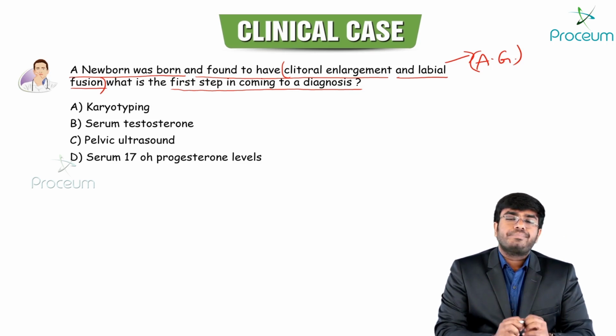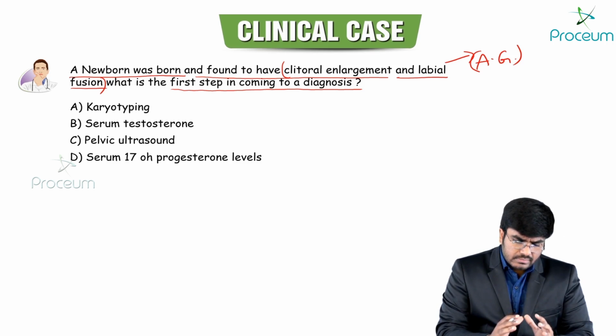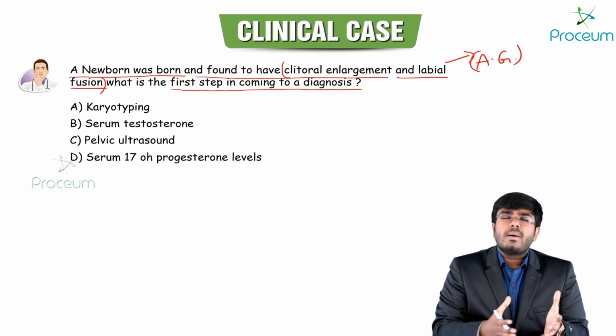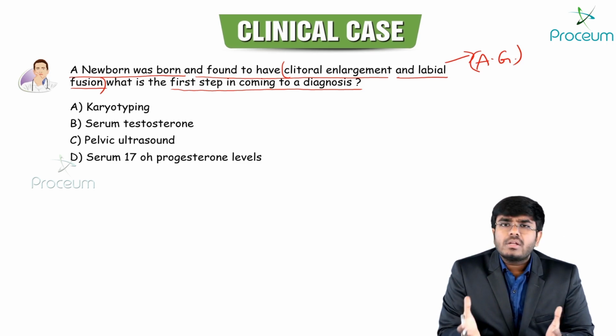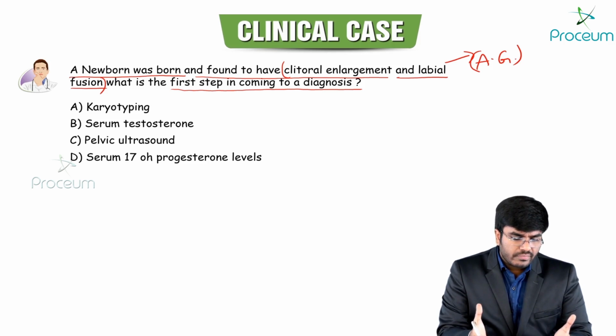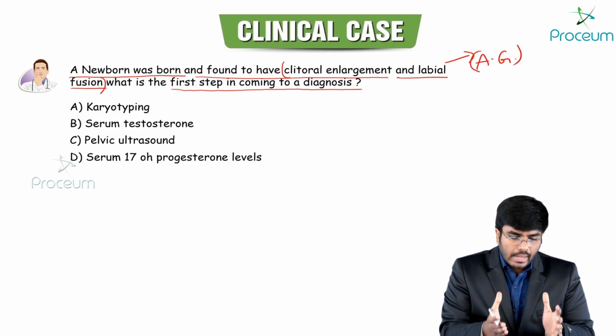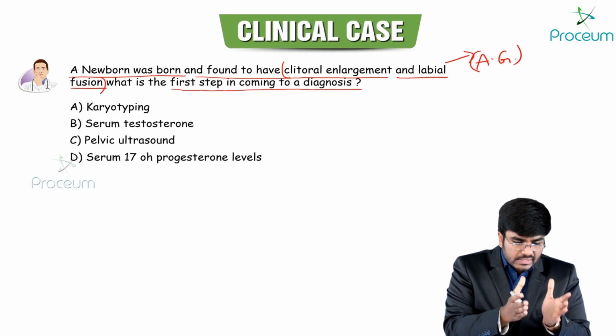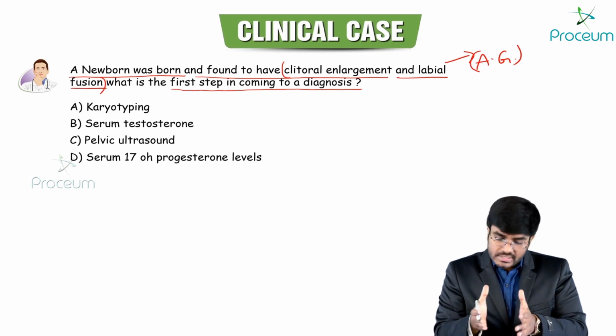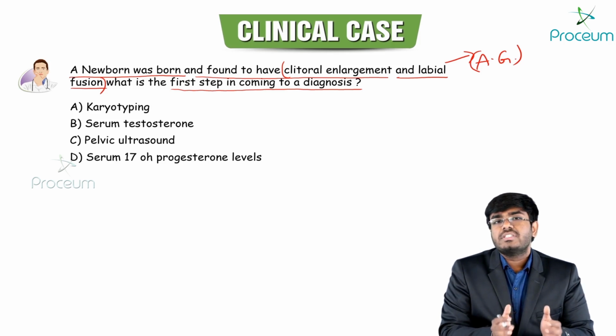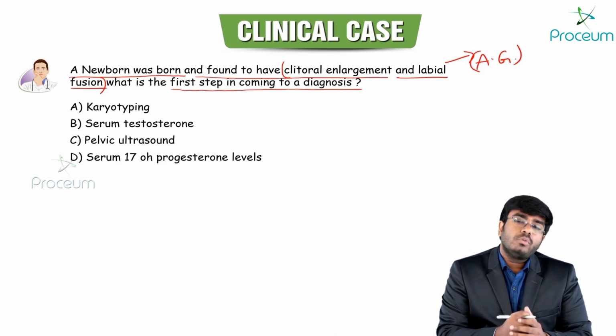Now, this is a newborn. After this newborn was born, you have to announce to the parents what kind of baby they had, whether it's a male or female. Now you are in a dilemma whether this baby is a male or female, because this baby is having this ambiguous genitalia. So now what do you have to do?